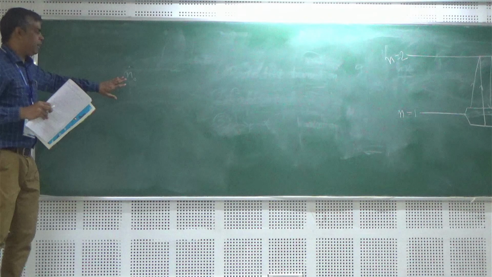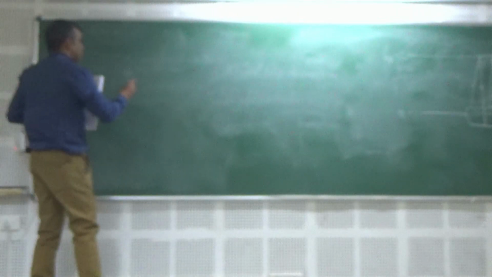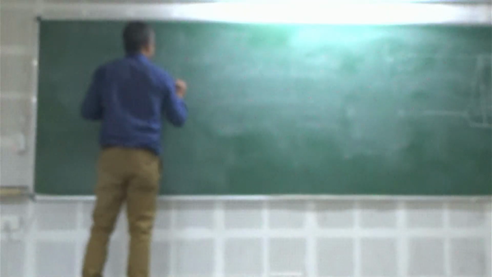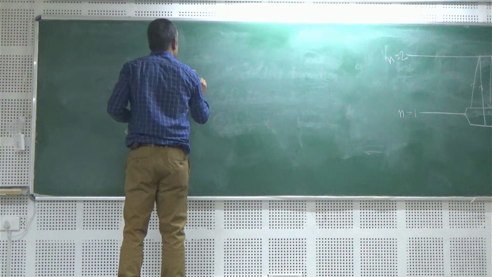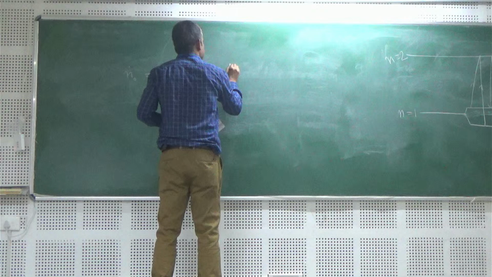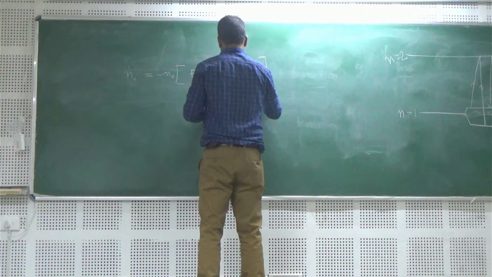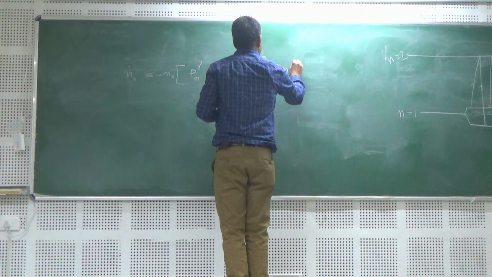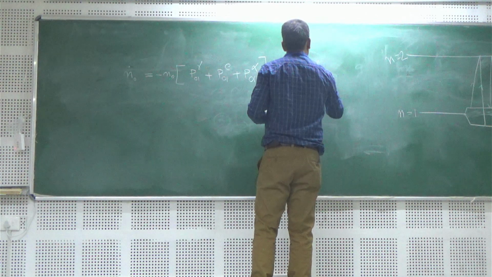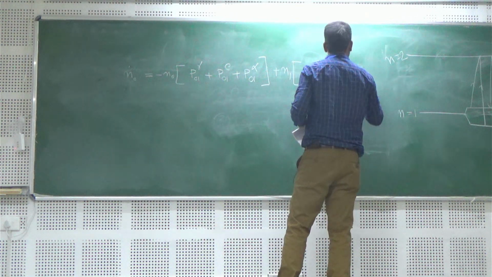That means the rate of change of the singlet state atom number density, and that we can write as minus n0 times (P01 gamma, plus P01 collision, plus P01 Lyman alpha), plus n1 times (P10 gamma, plus P10 collision, plus P10 Lyman alpha).